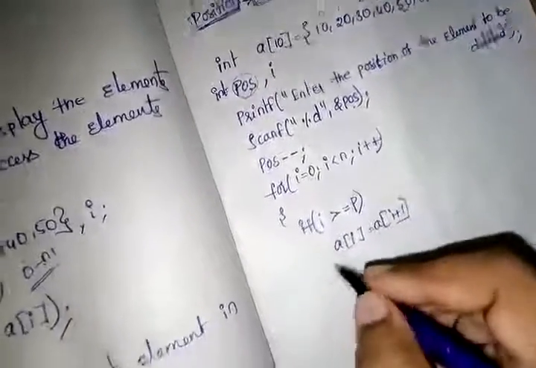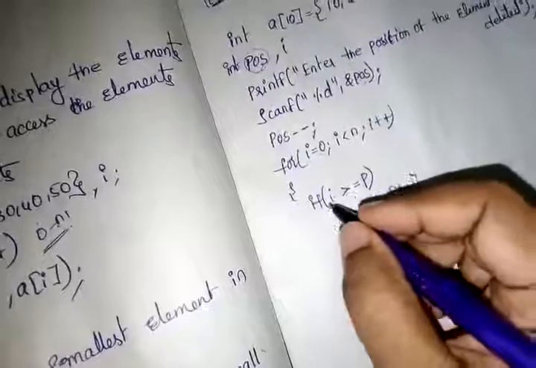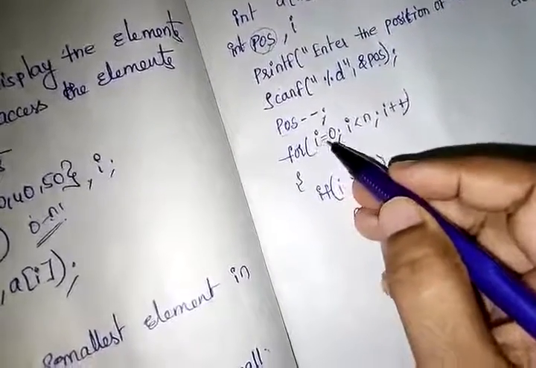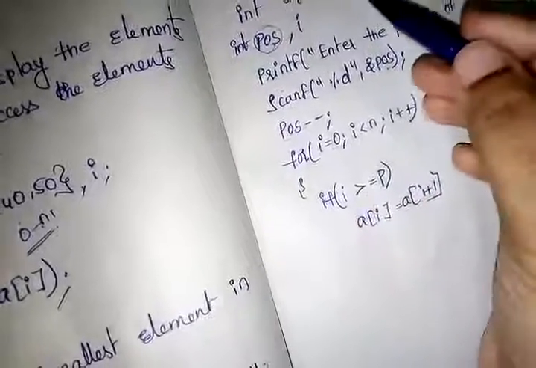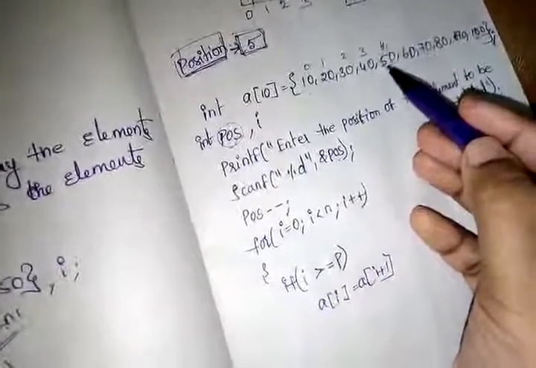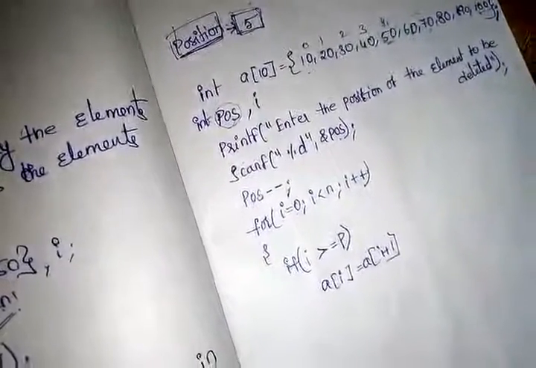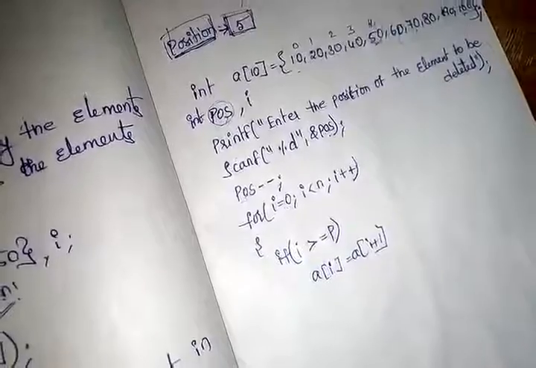Okay, so if i is not greater than p, then we need to print the starting elements. Until we meet the position p, we need to print the elements as it is. The array elements should be as they are.